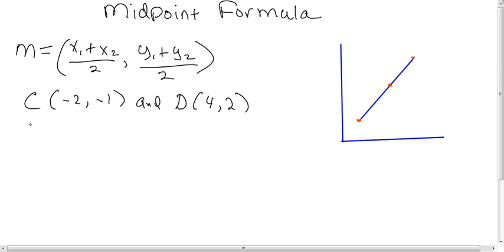And our formula says M, parentheses x sub 1 plus x sub 2 divided by 2, and let's keep that open because that's actually the ordered pair segment.